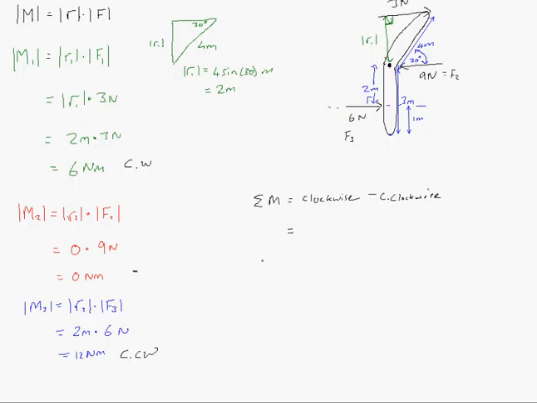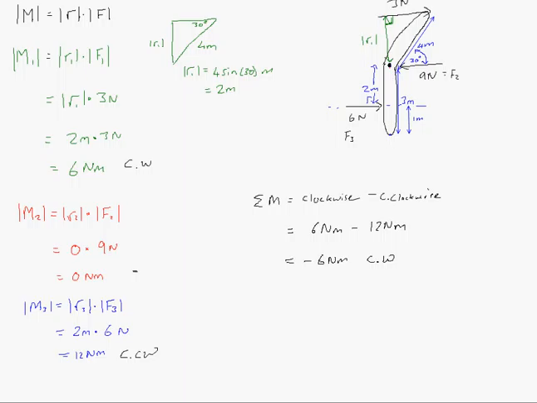So if we were to sum up our total moments, all of our moments going in the clockwise direction is just M1, which is equal to 6 Newton meters. And then we subtract that from our counterclockwise direction, which is equal to 12 Newton meters. And this will give our answer of negative 6 Newton meters clockwise.